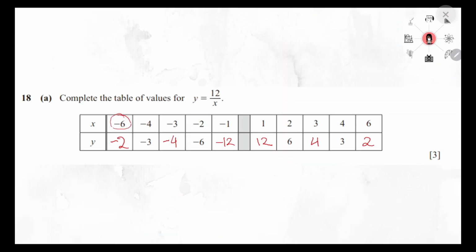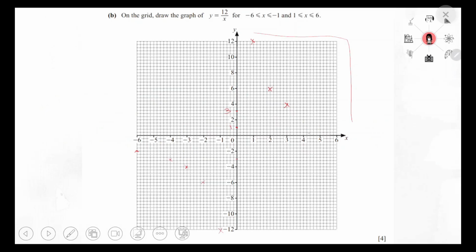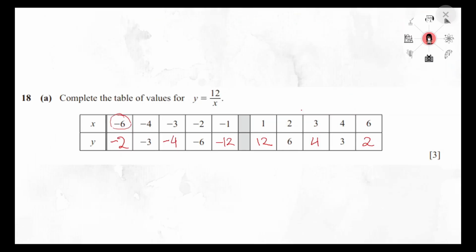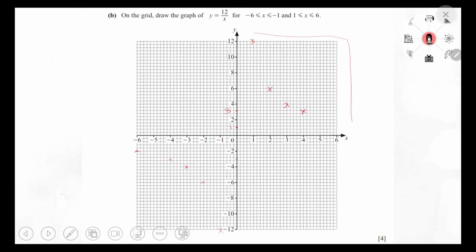Then we have 4 and 3. The points are getting closer. Then we finally have 6 and 2. There you go. We have the graph. We'll connect the dots. We'll get a graph like so. This will be the answer for the B question.